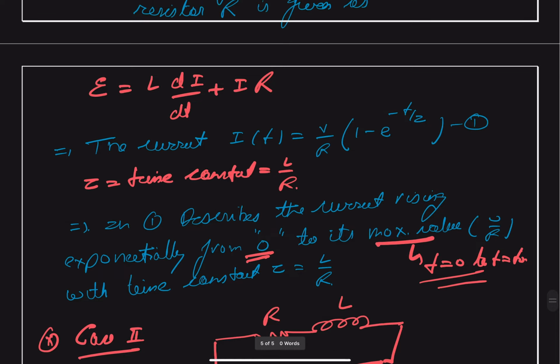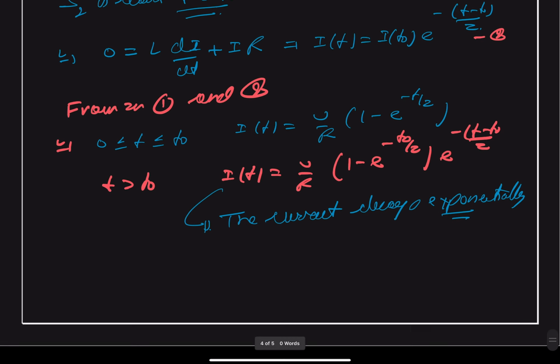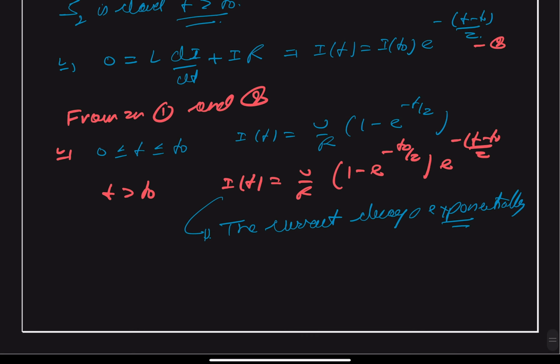Therefore, the correct option is only B, because in C there is a linear decrease in the current, so this cannot be the correct option. So option B is correct.